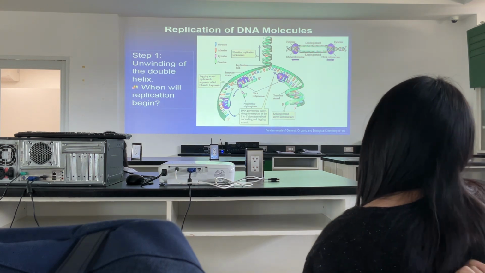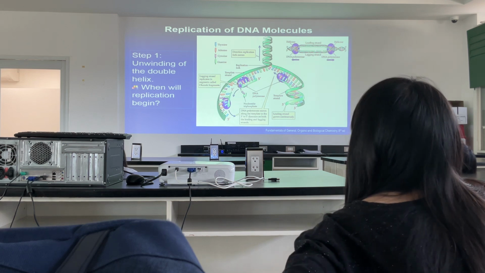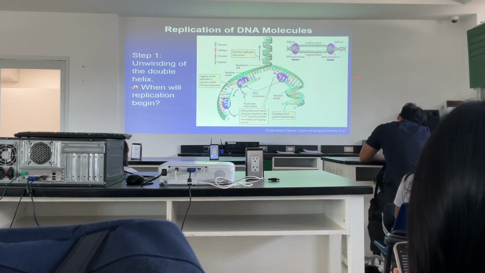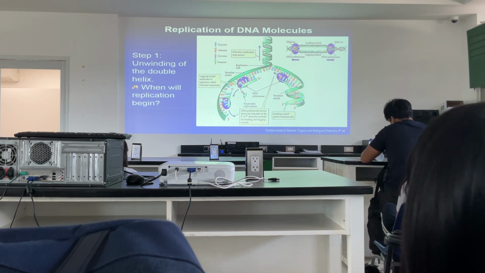So where is the location of this replication fork? It is found at the site where the two strands separate. So it's like you have a V line. So this is now what we call your replication fork.